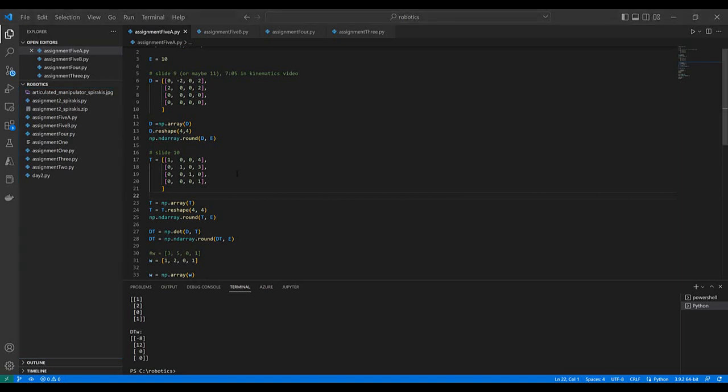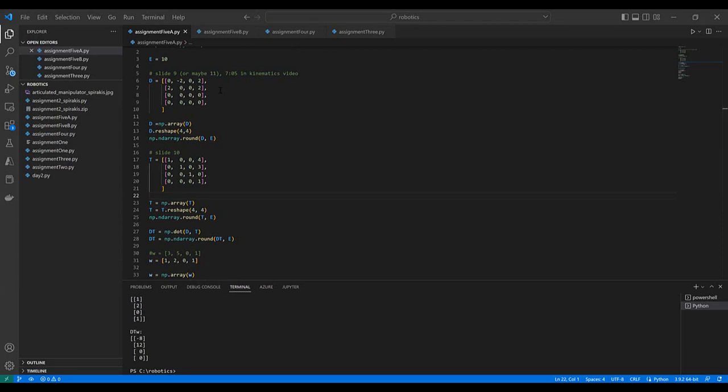Okay, so these matrices, D and T, I was a little confused on setting up. I think I figured out T based off of the example, but I'm still not too certain on how to set up this G D matrix. D is rotational, right? D is rotation, T is translation.